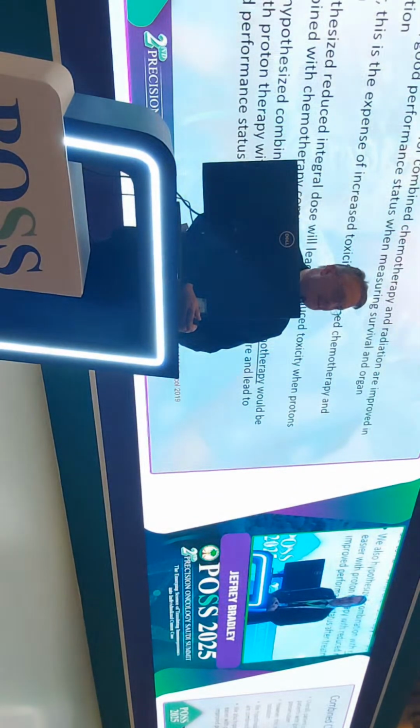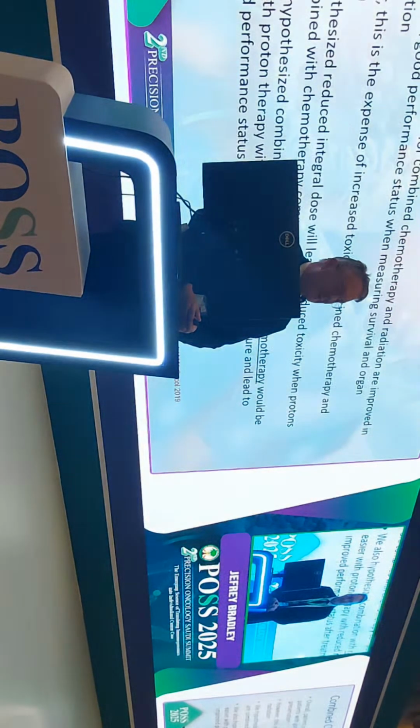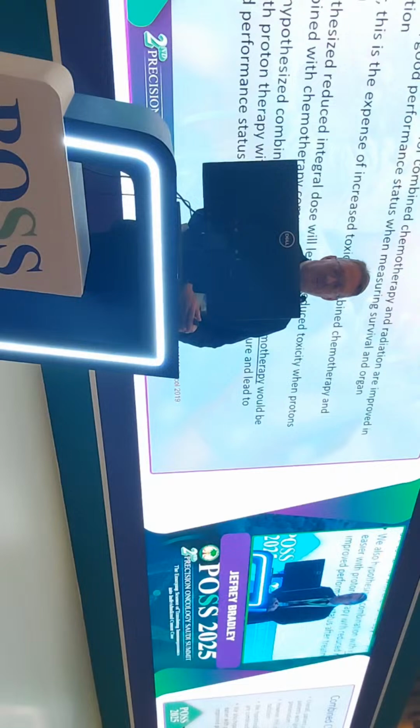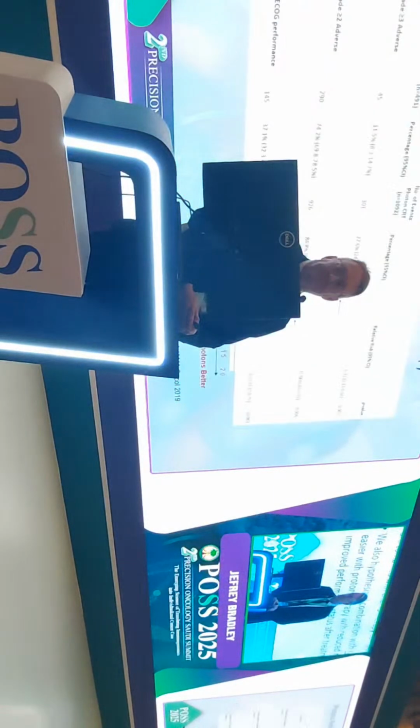We have hypothesized that reducing the radiation dose to the organs at risk will reduce the toxicity when protons are combined with either chemotherapy or immunotherapy. And also, we can potentially increase the radiation therapy dose.